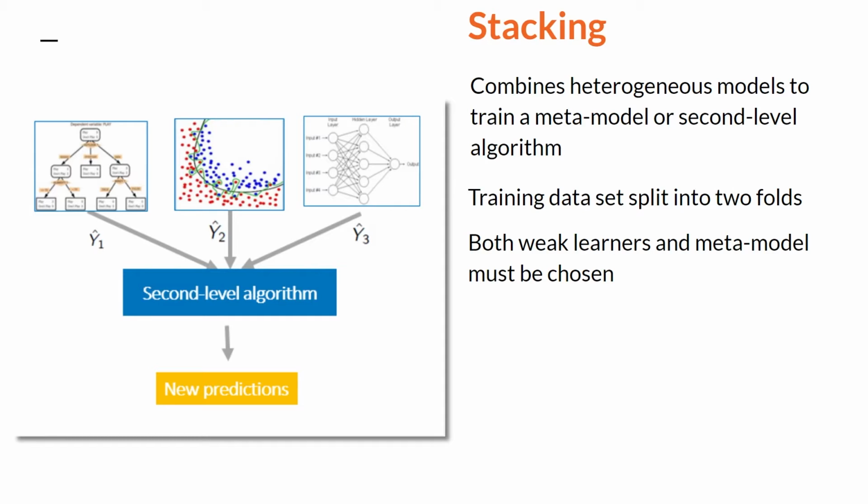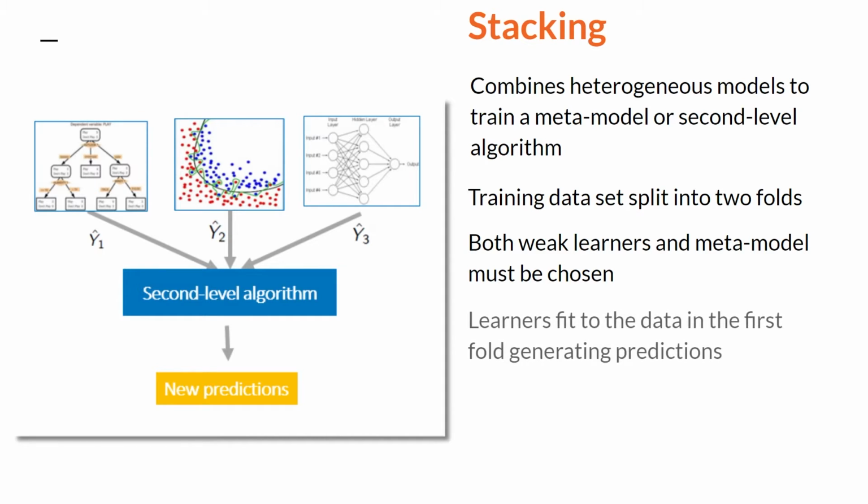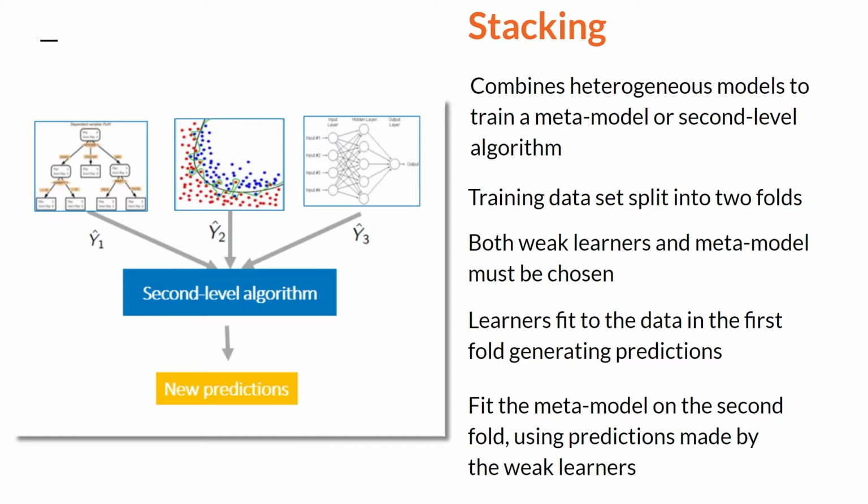So you'd want to carefully consider which section of the data you'd want to use which weak learner on. And the same with the second level algorithm. And finally, learners are fit to the data in the first fold, which generates predictions.